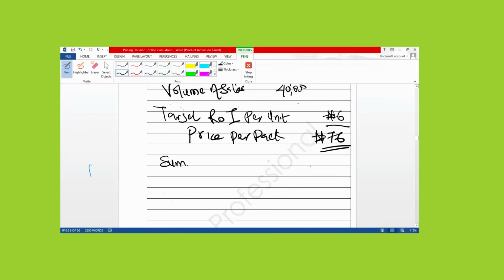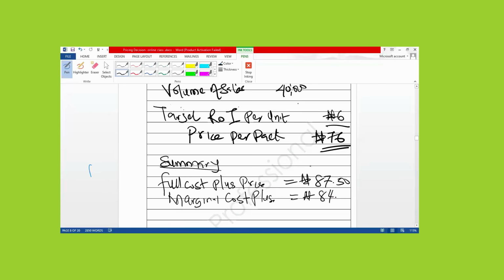If you do a summary: if you are looking at full cost plus price, the price will be 87 naira 50 kobo. If you are looking at marginal cost plus price, the price is 84 naira.